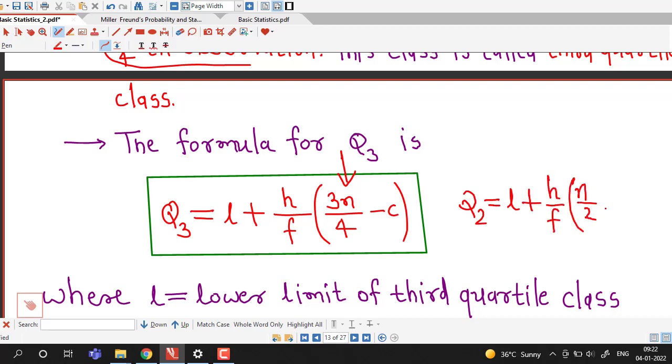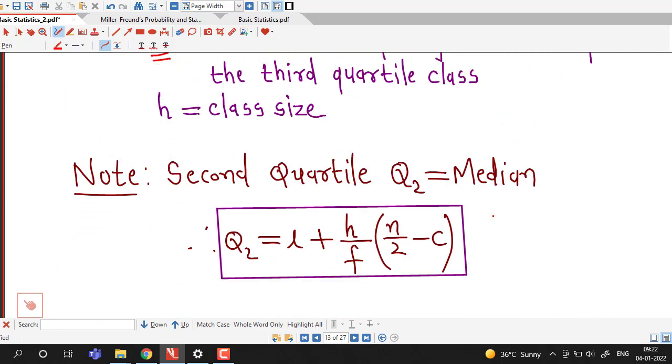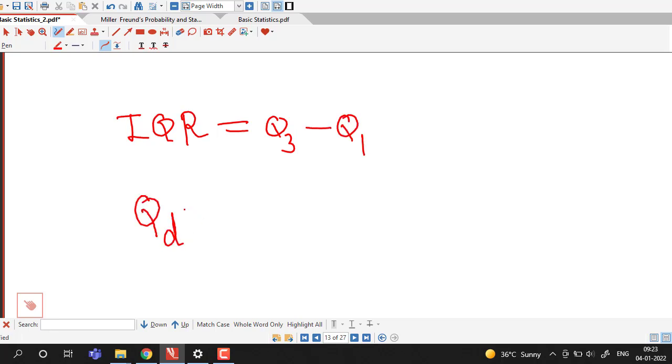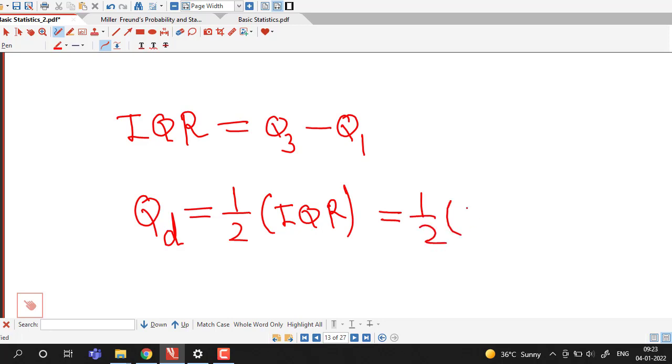So this is the second quartile formula: Q2 equals median, equals L plus H by F times N by 2 minus C. The formula for interquartile range is the difference of third and first quartile, and quartile deviation is nothing but half of the interquartile range, so it is 1/2 times Q3 minus Q1.